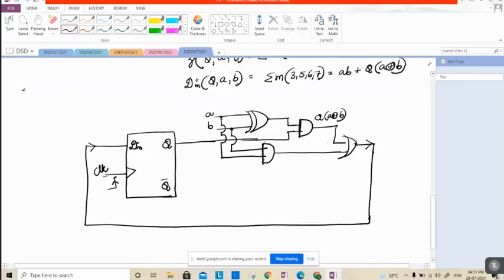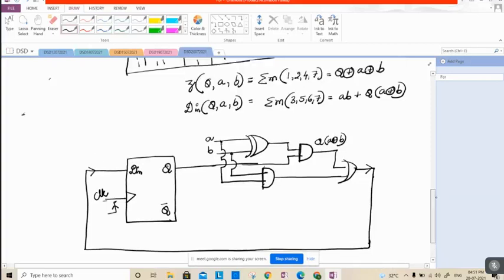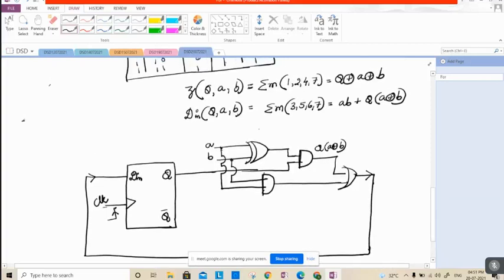Now, what about the Z value? Z is equal to A XOR B XOR Q, that is Q XOR A XOR B. Okay.